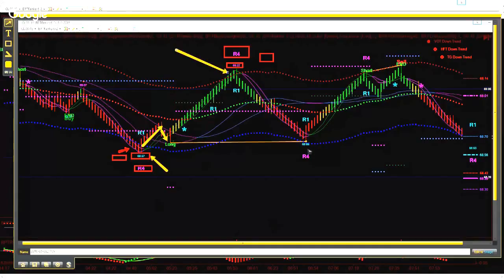Whatever makes you happy. This one here comes in with a divergence right in line, and we have a symmetry. Reversal, entry.